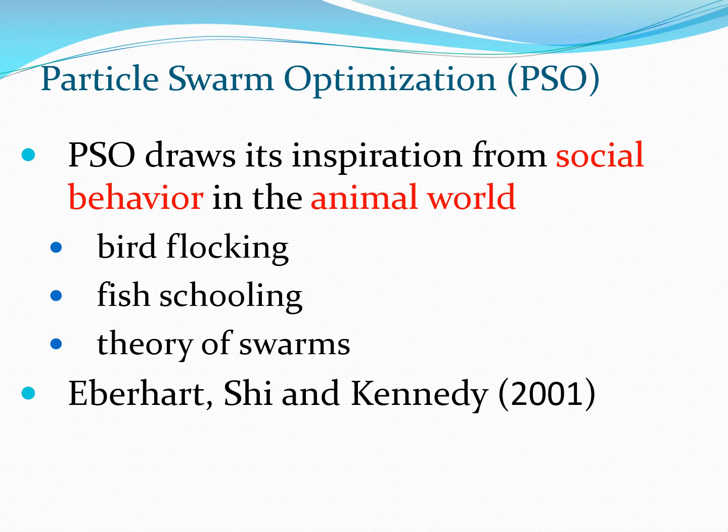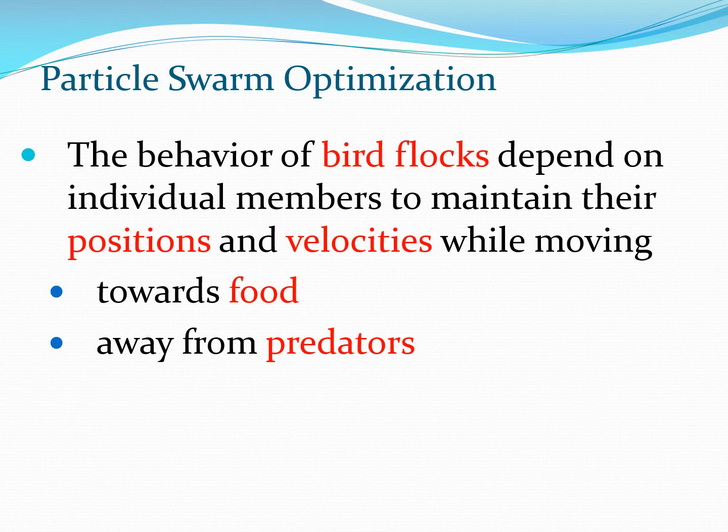So this fact led Kennedy and his co-workers to look at this particular worldview and codify it into PSO. Now, if we look at the behavior of bird flocks, here we will see that when they are flying, they do something like formation flight, and all the members of this bird flock maintain their positions and velocities while they are essentially performing two tasks.